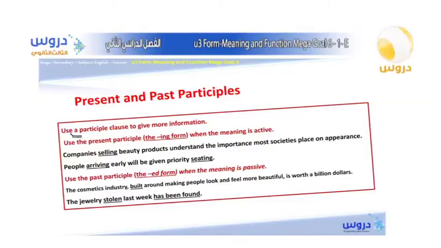We have word, sentence, and sometimes we have clause. For example, companies selling beauty products. This is a clause. He says, use the present participle, the ing form, when the meaning is active.